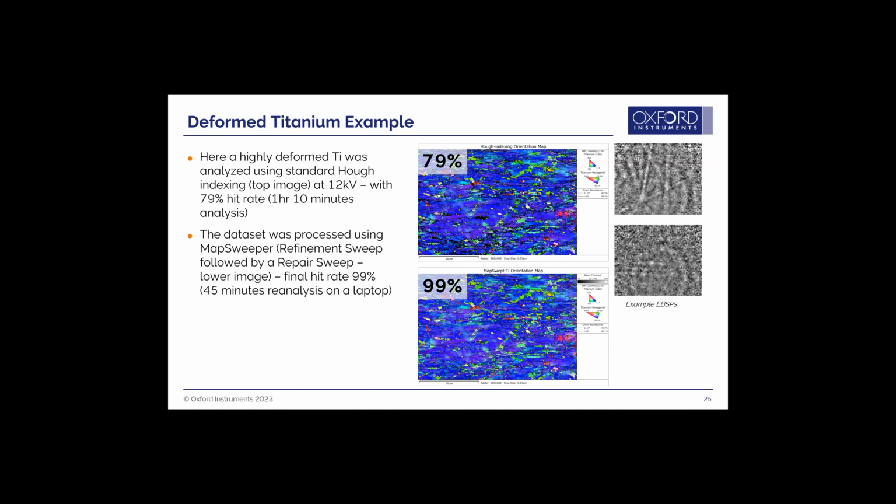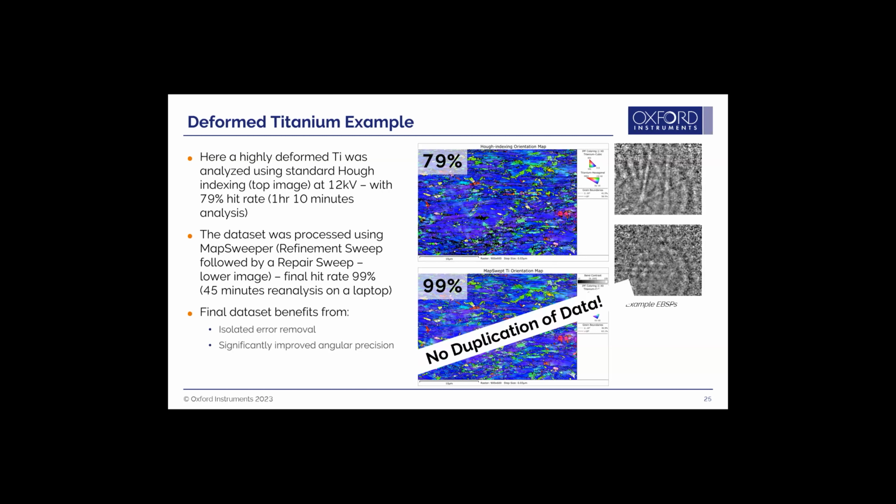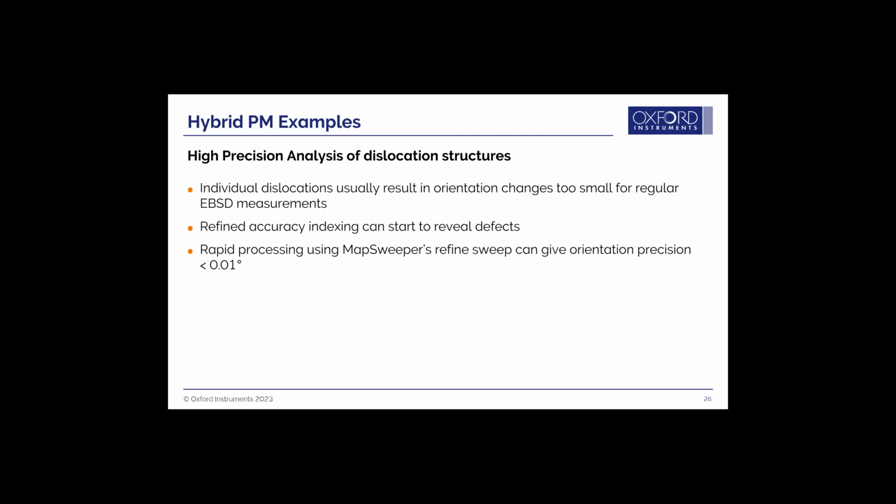So that's an example of one of the goals. We're removing a lot of the errors, but we're also improving angular precision. We're dialing in all the points that we actually index properly the first time around, dialing in exactly what that orientation is. So no duplication of data.